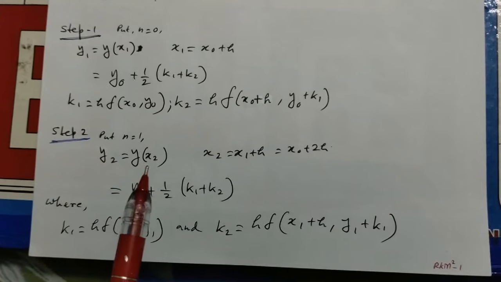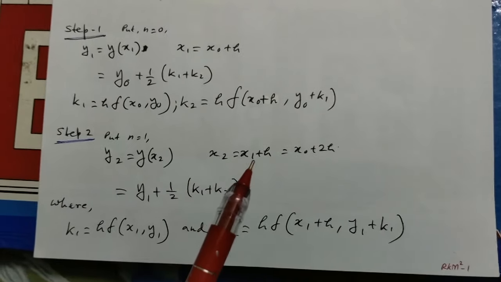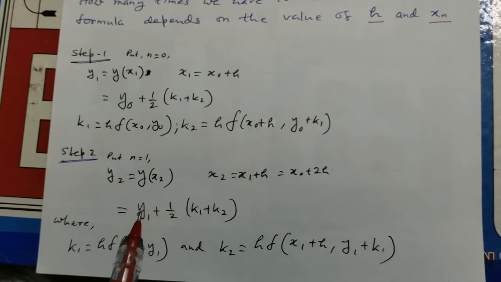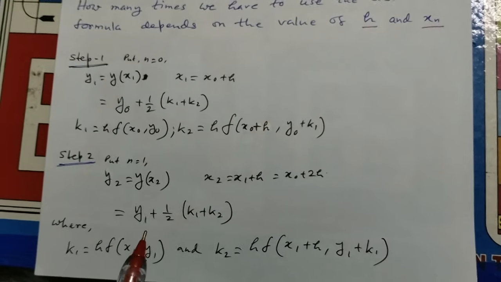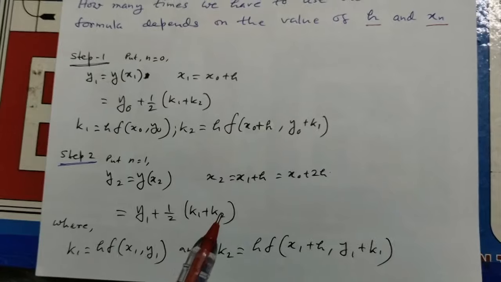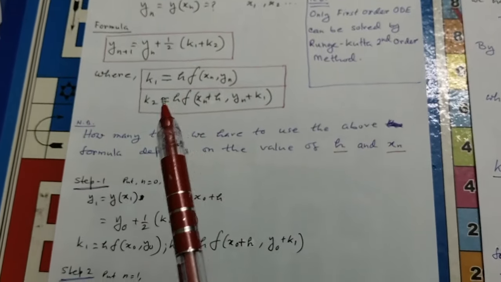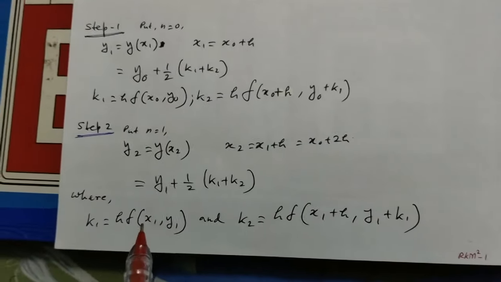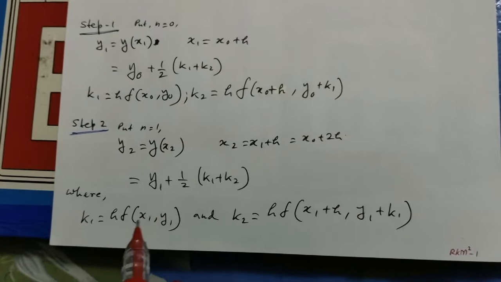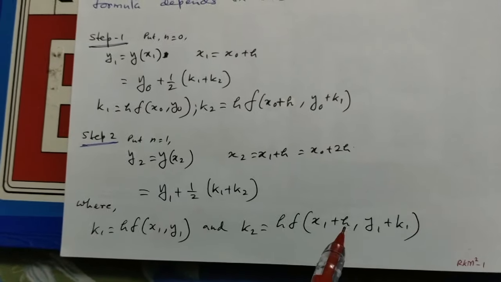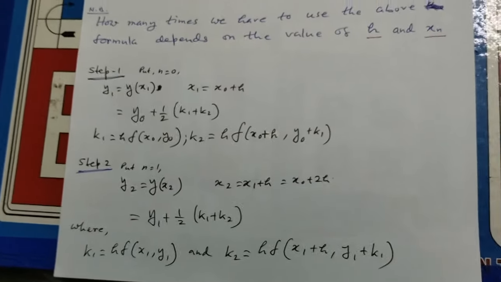So y2 equals y(x2), where x2 equals x1 plus h, as I said h is the increment, which equals x0 plus 2h, and y2 equals y1 plus half of (k1 plus k2). From this, k1 and k2 we can derive very easily by the formula: k1 equals h f(x1, y1) and k2 equals h f(x1 plus h, y1 plus k1).